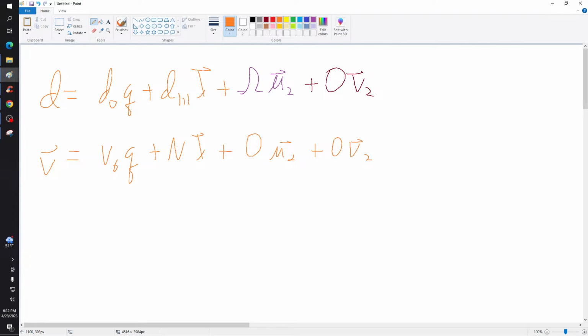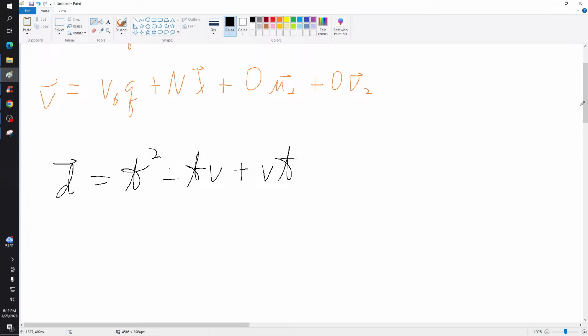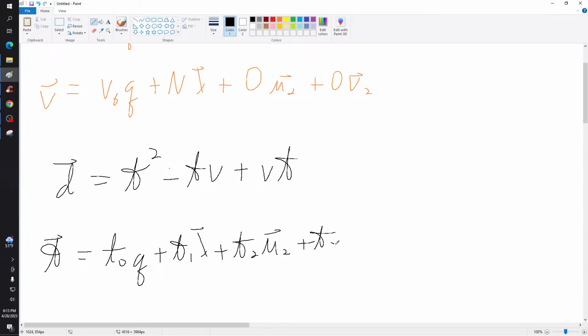Okay? So now we have an equation that says the d vector is equal to t squared minus tv plus vt. And we're going to define the unknown t in the same way. T, even though it's unknown, is equal to t null q plus t1 lambda plus t2 mu2 plus t3 mu2.